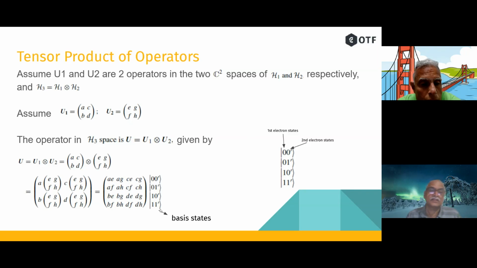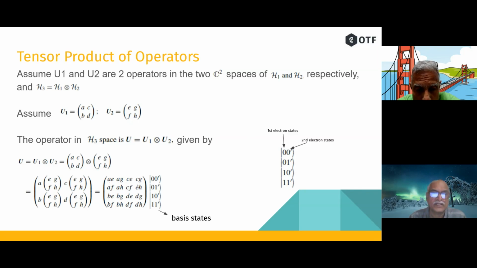So we know the spaces are ket 0 and ket 1. Similarly, for the second space, I will just denote this as ket 0 prime and ket 1 prime. So the prime which you see over here typically denotes the basis vectors in the second space, nothing more than that, right?